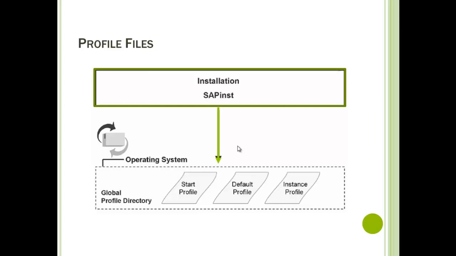We also saw these files are in the directory usr/sap/ECC, where ECC is the SID, then the sys subdirectory, and inside it the profile directory. This directory can be read by all instances, which is one of the reasons why usr/sap is a shared folder in the system.